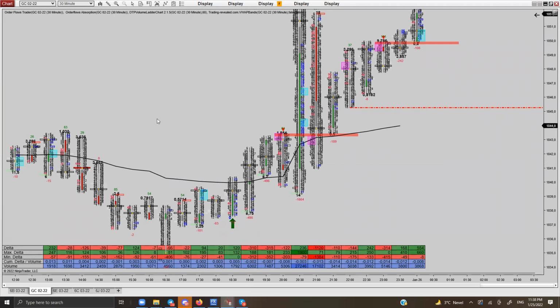And now your entry can be from this suppression level, or you could have entered from here also in this stack imbalance. It's your wish, but normally when I see a very big candle, I know that it's not a good thing to just take the trade straight from below.